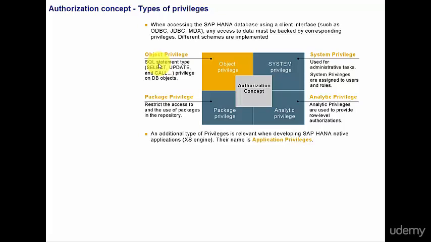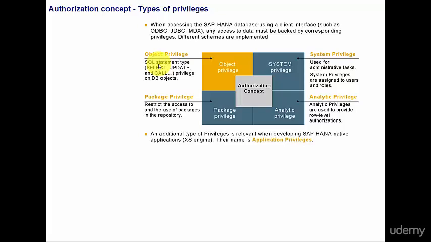Anything and everything in a database is an object. For example, schemas, actual models, and different procedures are all objects, and there are different kinds of privileges you can give on top of the objects.